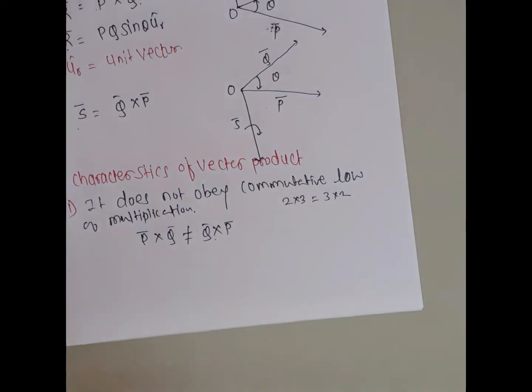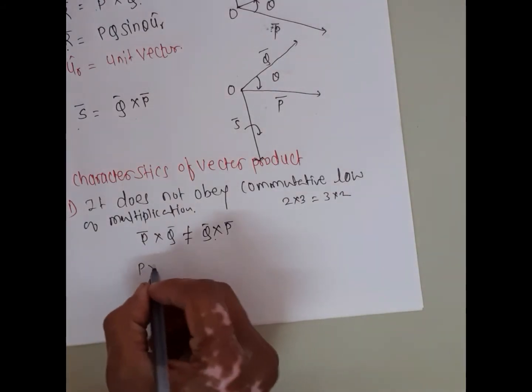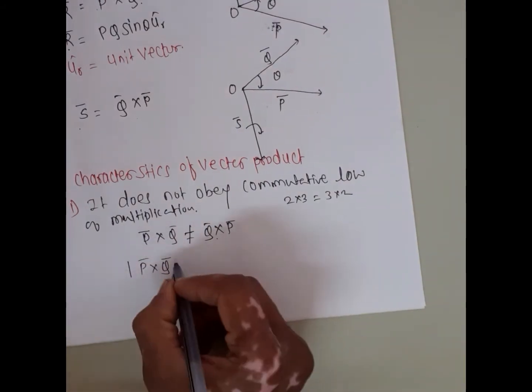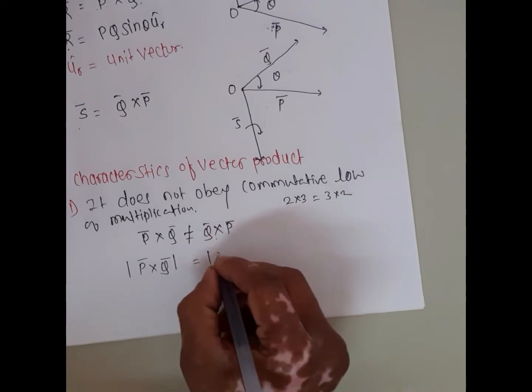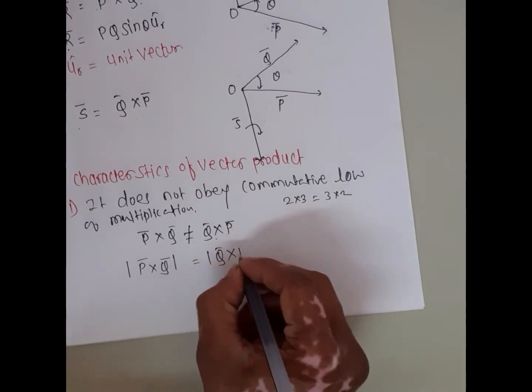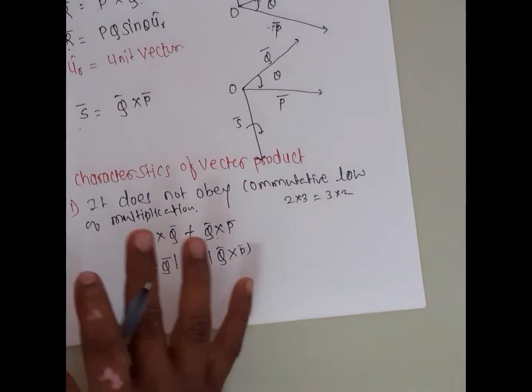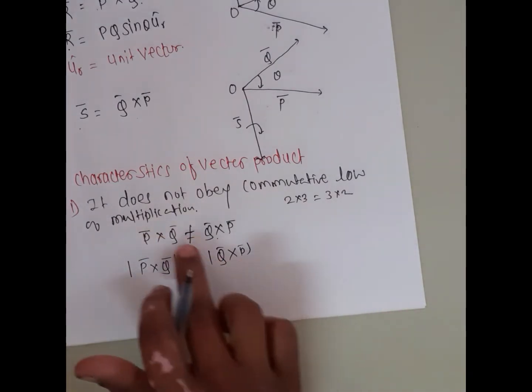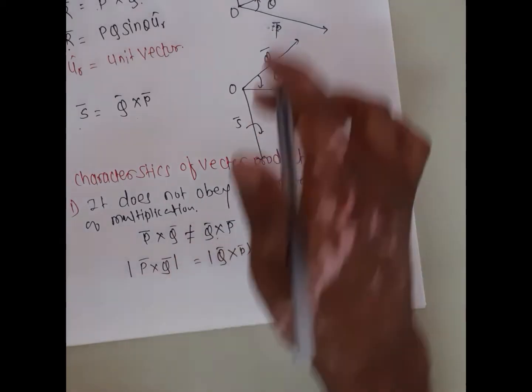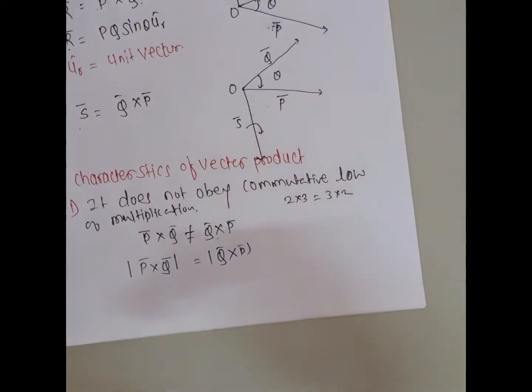Why? Because the magnitude of p bar cross q bar is equal to the magnitude of q bar cross p bar; the magnitudes are the same but the directions are opposite. The direction is opposite, meaning positive or negative, right or left, upward or downward.